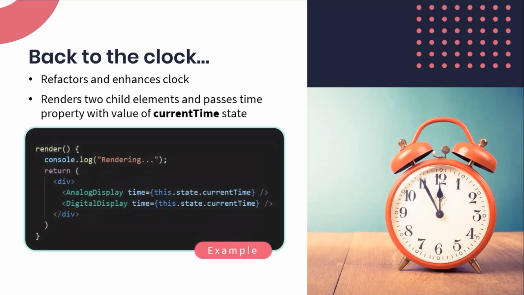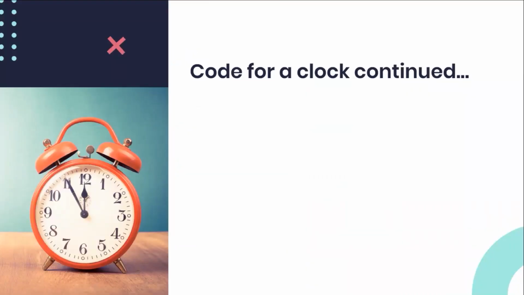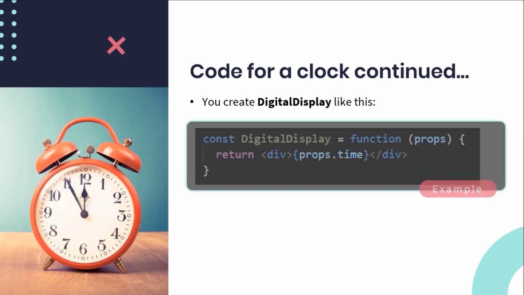If we take a look at this example, the clock has two ways to show time: analog and digital. Now you need to create digital display, which is simple. It's a function that takes the properties and displays time from that property argument, props time, as shown here.